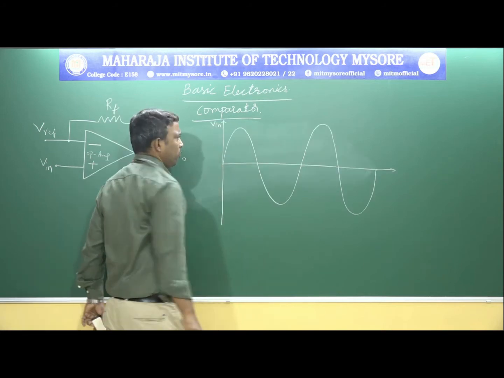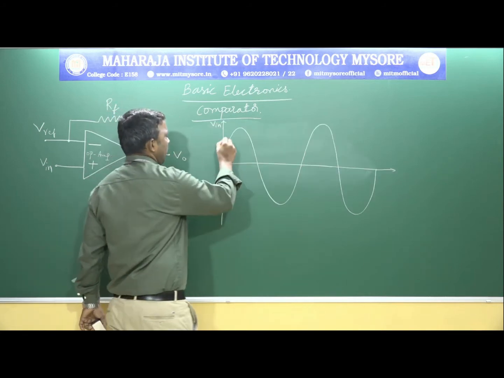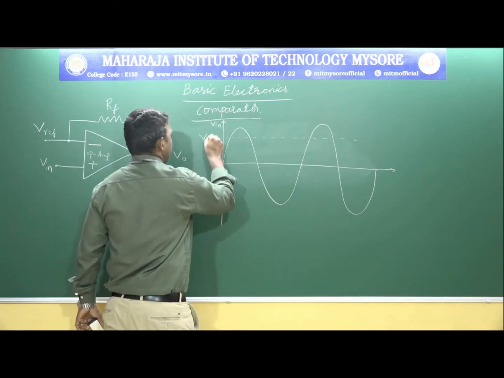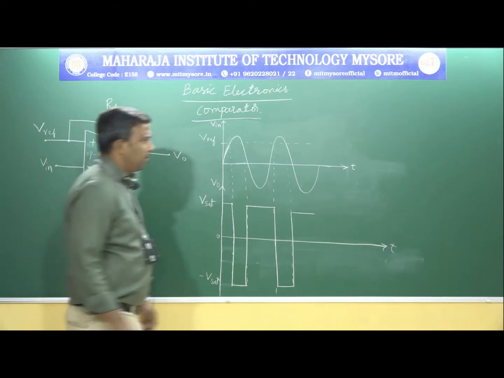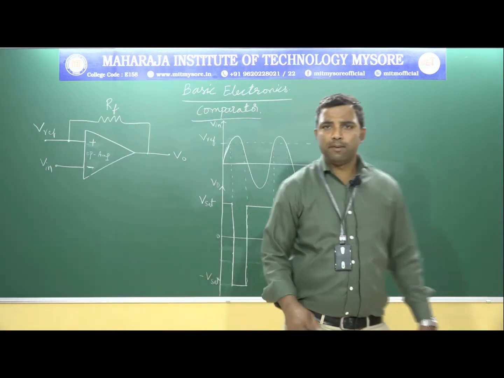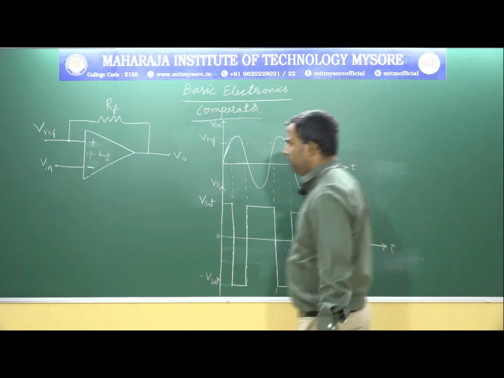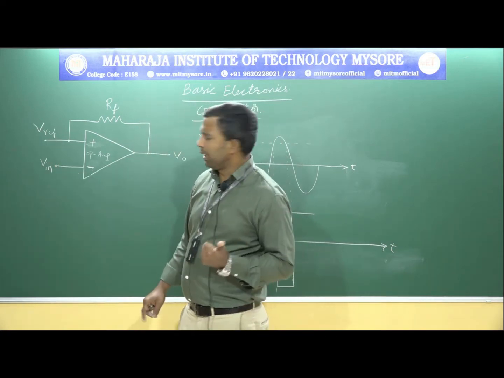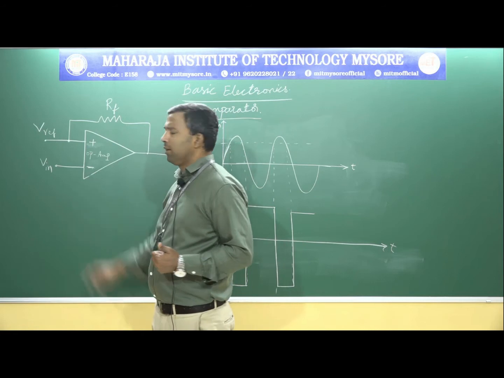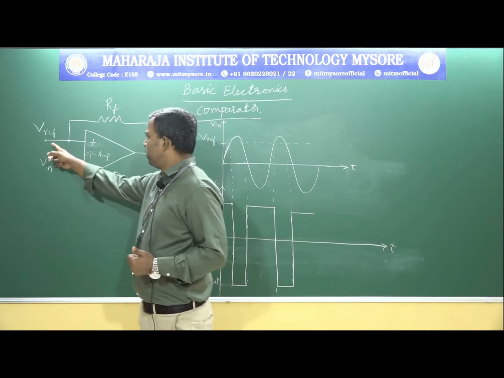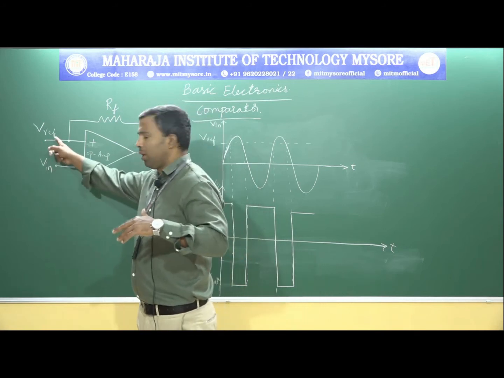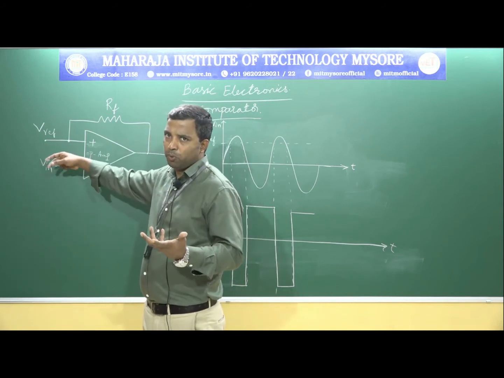Input voltage, I will consider some reference voltage. This is V reference. Consider this is the comparator circuit. In this we are applying two voltages. One is the input voltage, which is applied to the inverting terminal. This one is the reference voltage, the standard voltage, applied at the non-inverting terminal. With respect to this voltage, we are comparing the incoming input voltage.